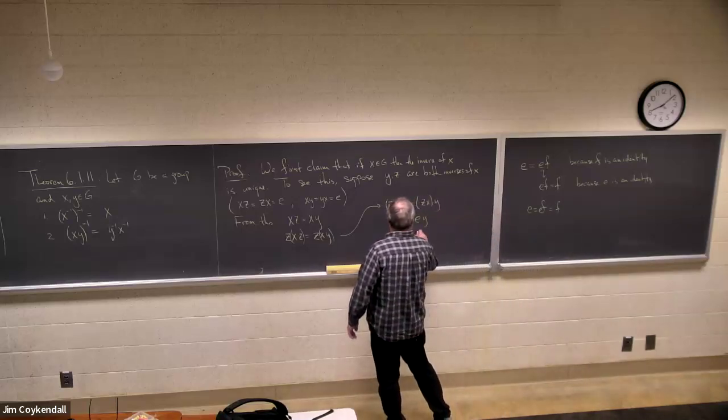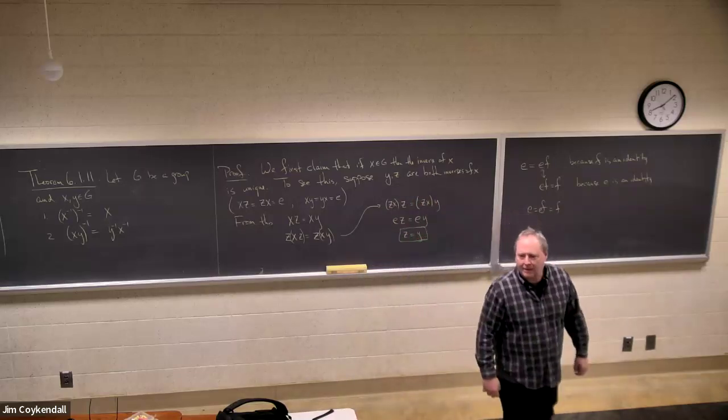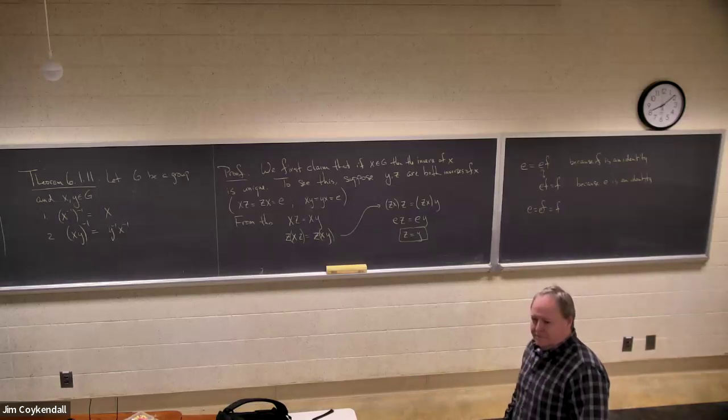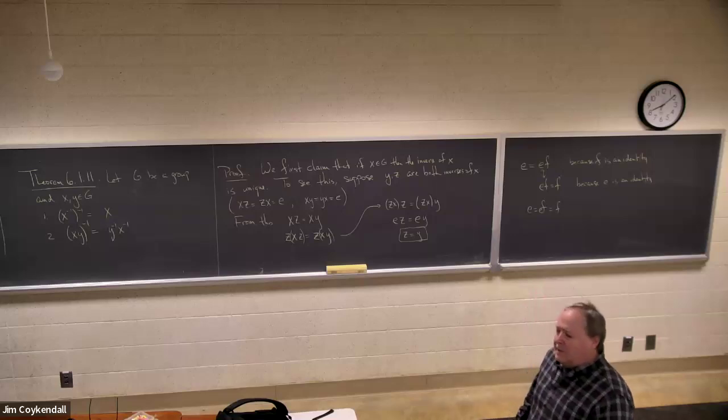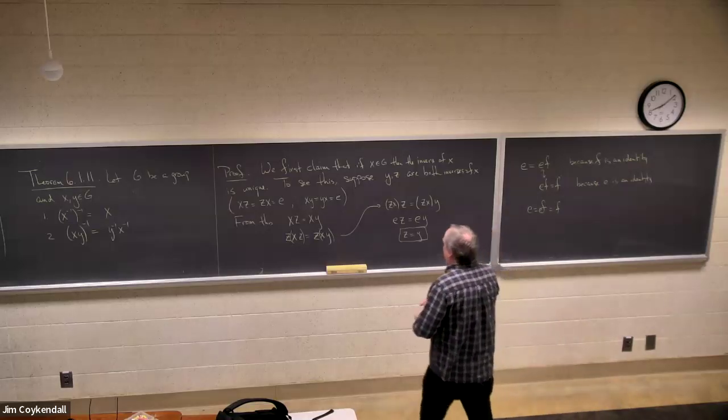So Z equals Y. Well, you're assuming you can cancel, right? So in fact, even in the integers, you can't always cancel.